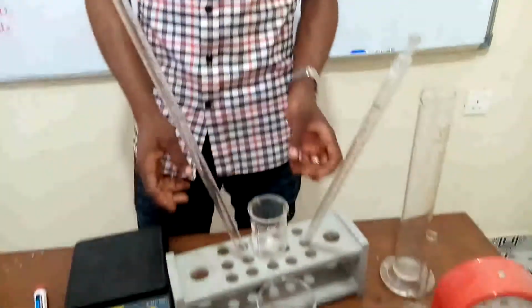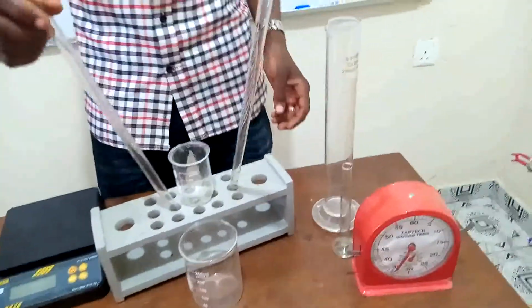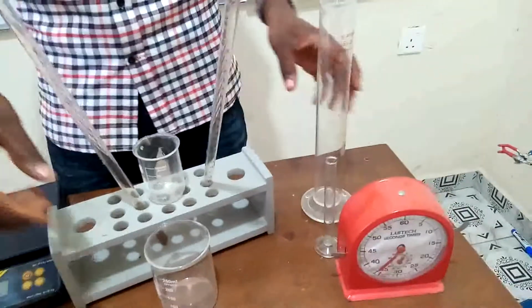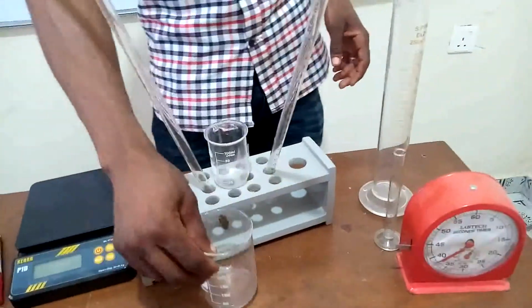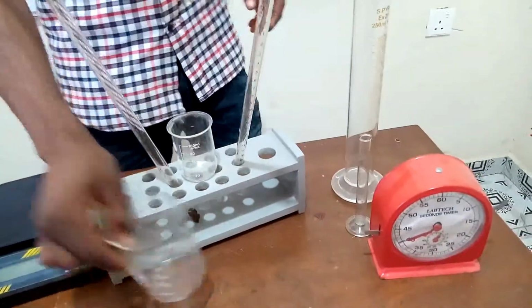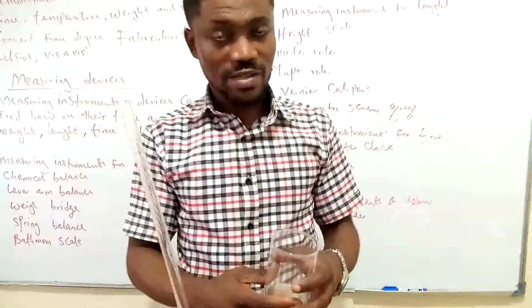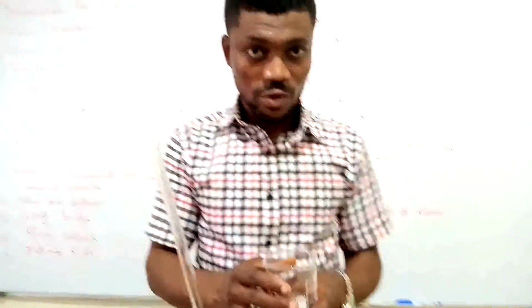Now, how do you use this instrument? The pipette, the burette, measuring cylinder, and the beakers. How do you use them? Assuming you want to carry out a practical, let's say diffusion. You remember diffusion?